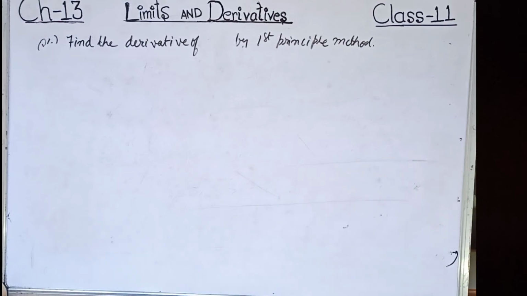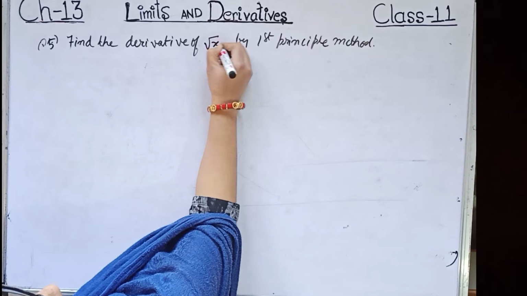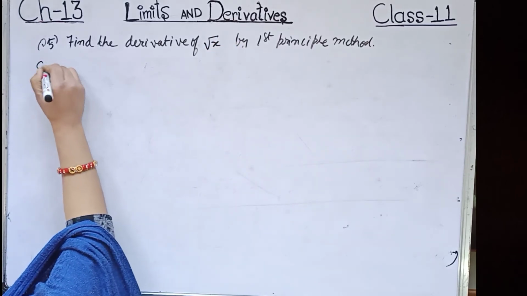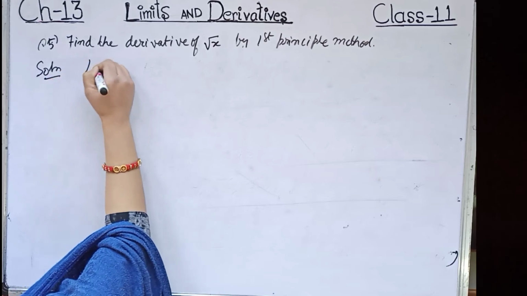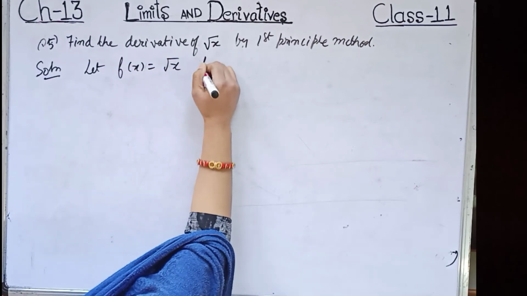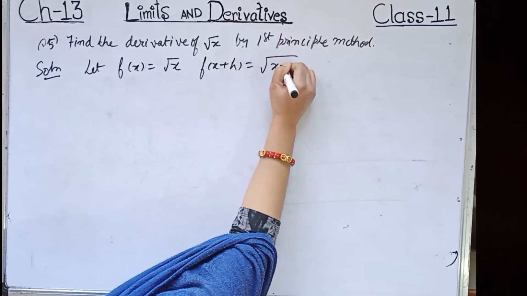Now one more I want to do from the algebraic portion, of root x. Same solution part. Let f(x) equals root x, then f(x plus h) equals root of x plus h.